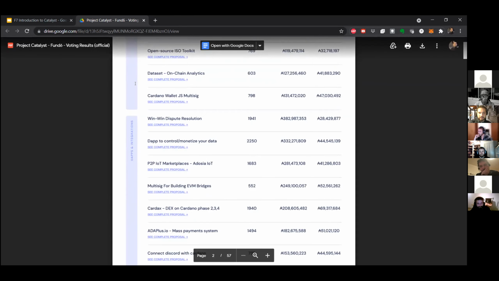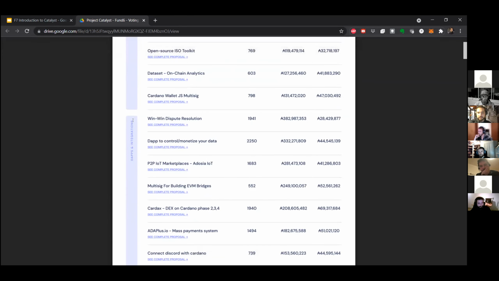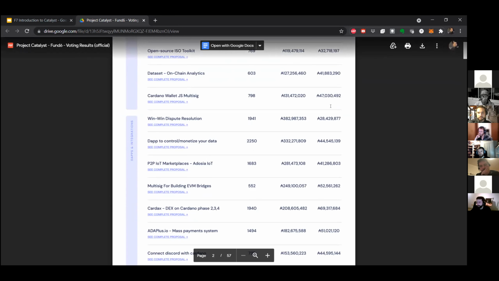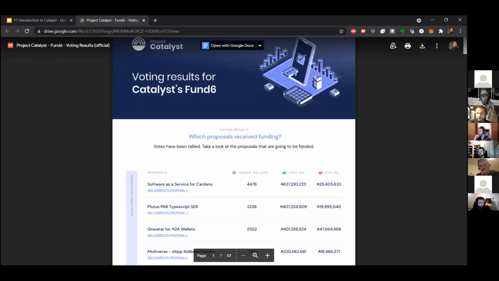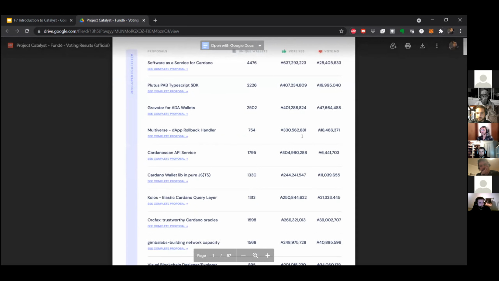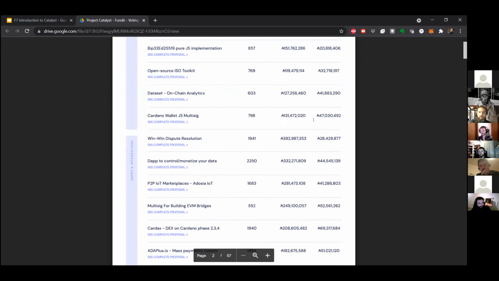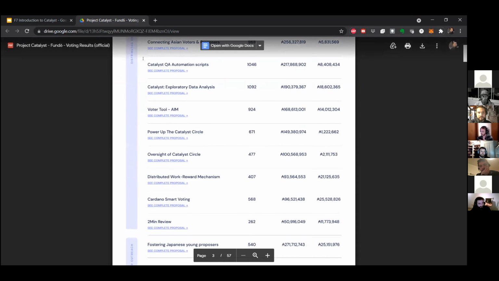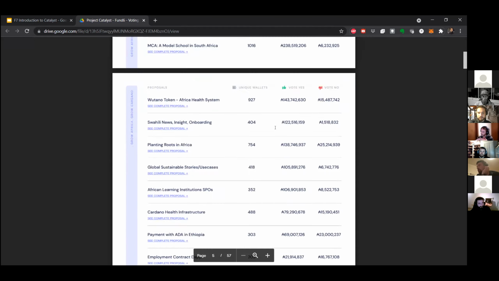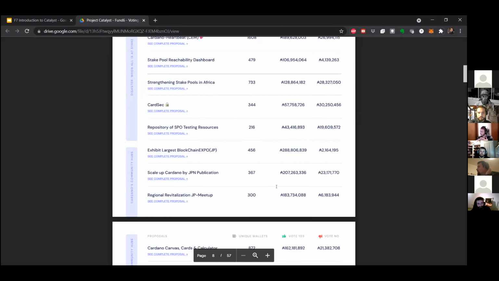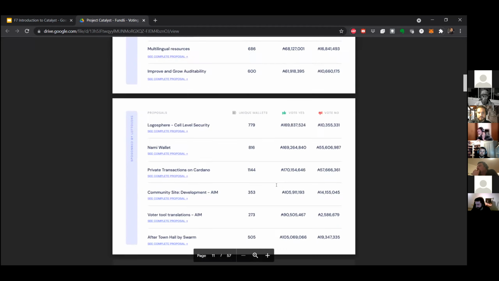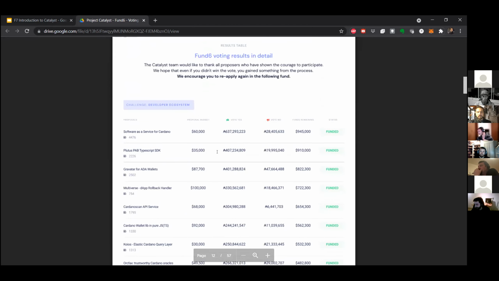We're still in developer ecosystem, but then, for example, dApps and integrations, same thing. Let me check something here. Okay, so in the first pages of this document you just see the funded proposals, but if you go down a little bit more, you're going to have a little bit more details.